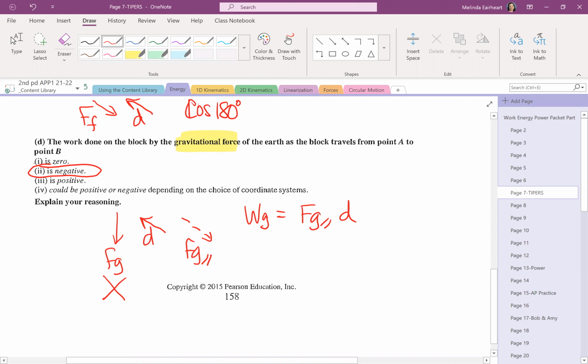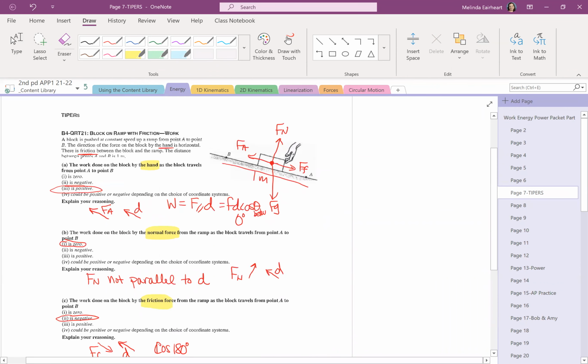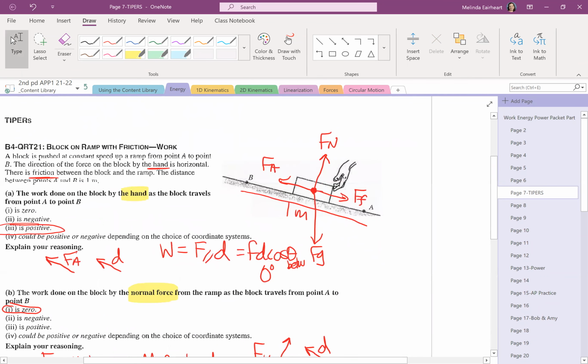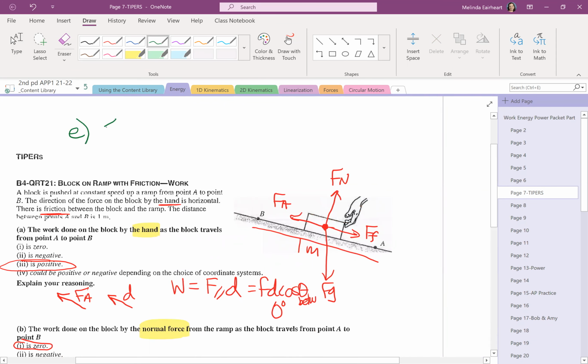Well, just for fun, let's add a part E. There is a type of work that hasn't been asked yet by this question, and I'll just put it at the top, since OneNote took me to the top. What is the net work done on the object? 0. Why? Key phrase there, constant speed.